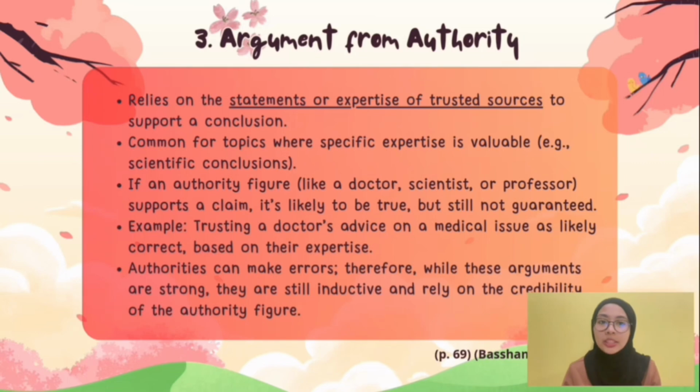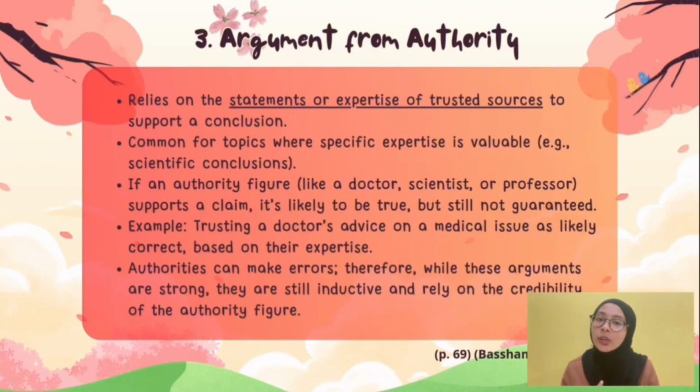The third one is argument from authority. For this argument, it basically relies on the statement or expertise of trusted sources to support a conclusion. It is common for topics where specific expertise is valuable, such as scientific conclusions.